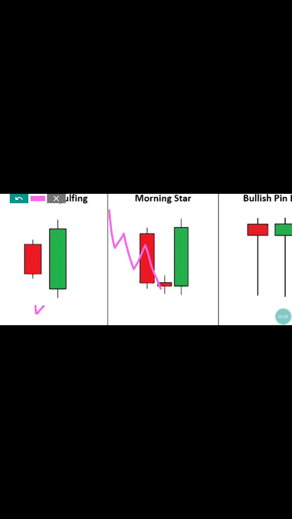Once the market is coming down and a bullish engulfing appears, it means a rejection to the upside. So bullish engulfing is a candlestick pattern showing us that the market will reverse to the opposite.